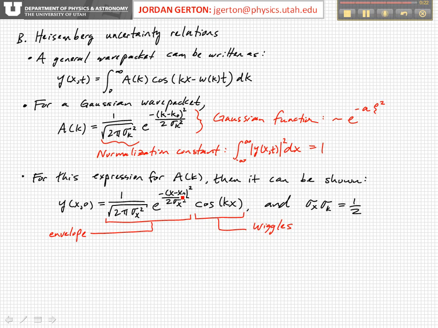So this is now in real space. It's this envelope function times cosine kx, which provides the wiggles. So we have this envelope which is modulating the harmonic wave.